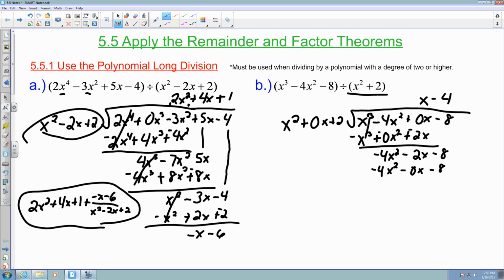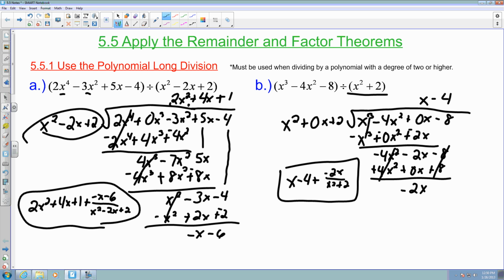Changing the signs, plus, plus, plus, and this cancels, as does this one, but the only thing I'm left with is a negative 2x. So that's my remainder. I can rewrite this as x minus 4 plus negative 2x over x squared plus 2. You don't have to write in the plus 0x, it's not necessary. So there's your answer.